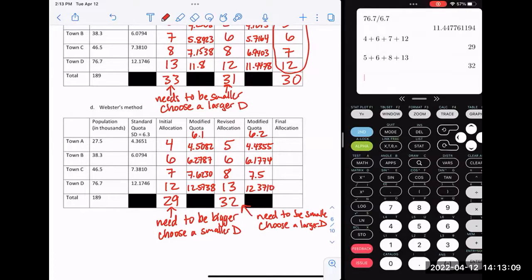So round these conventionally. So this is going to be round down to 4, round down to 6, round up to 8, and round down to 12. And yay, that adds to 30. So that is my final apportionment.